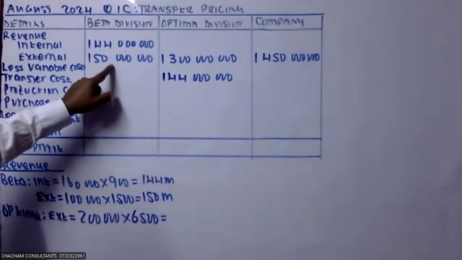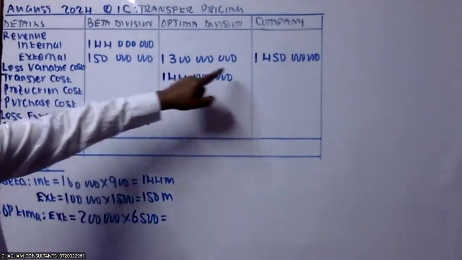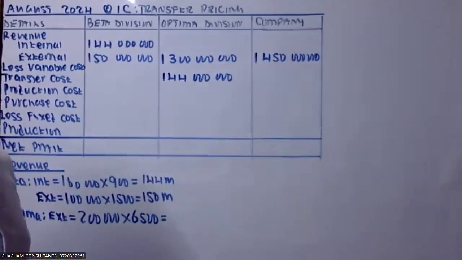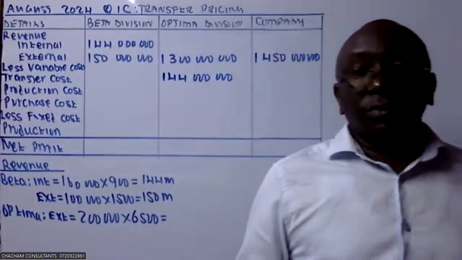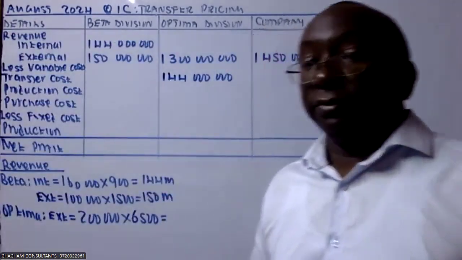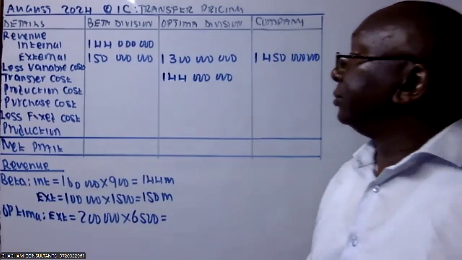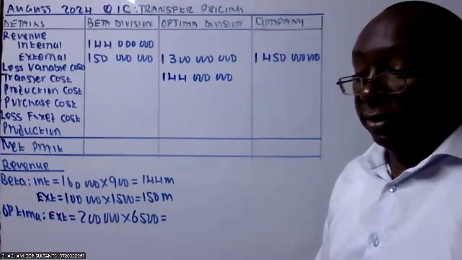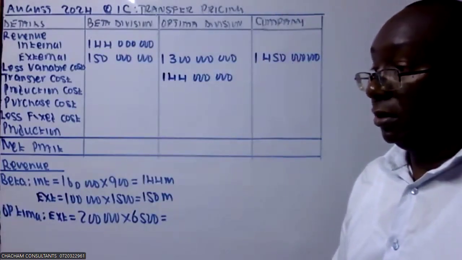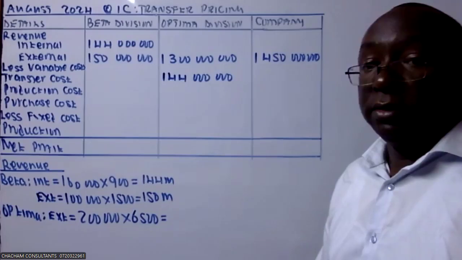So this external here plus this external should find its way in the company. Is that okay? We add them.